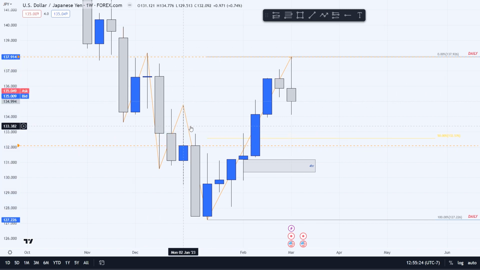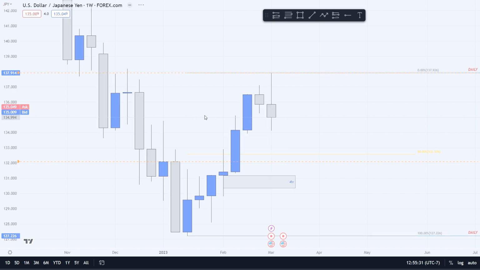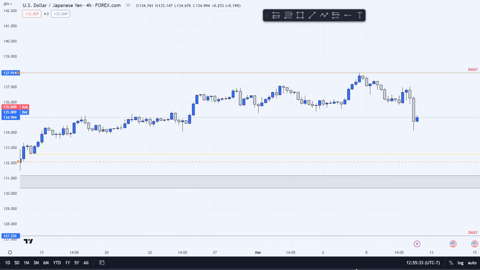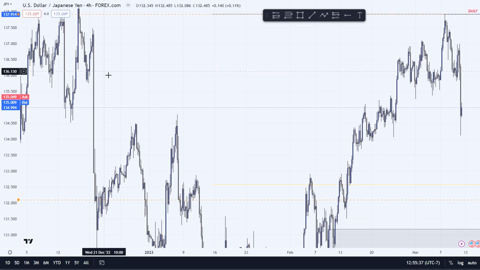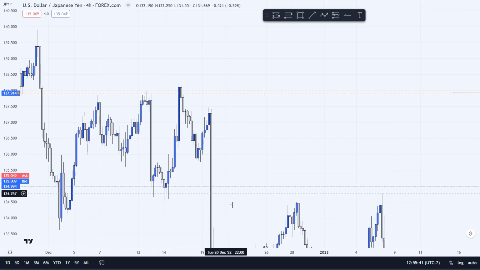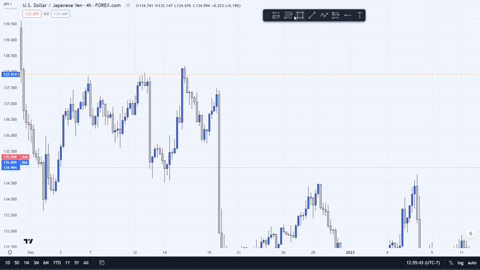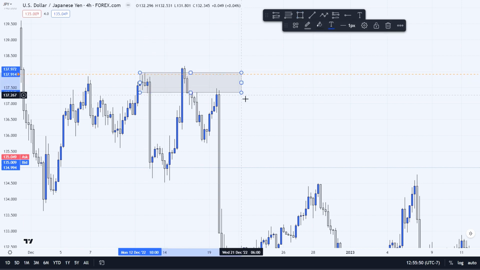I draw my zones on the 4-hour time frame. So remember, we're looking for overall sales once it reaches my zone. So right here, I use this zone, this little consolidation right here.